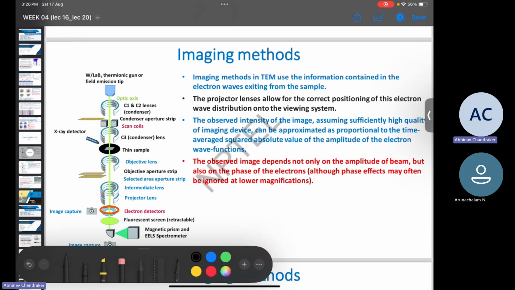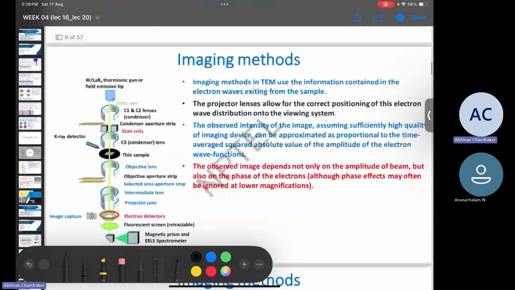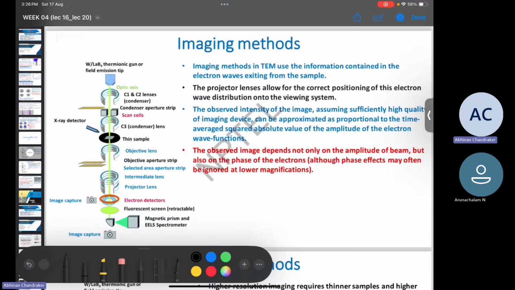Now let's get into core TEM related content. In the last week, I had covered the basic arrangement of the lens system used in TEM. So what are the components? The electron gun, the condenser lenses, condenser aperture, the specimen.